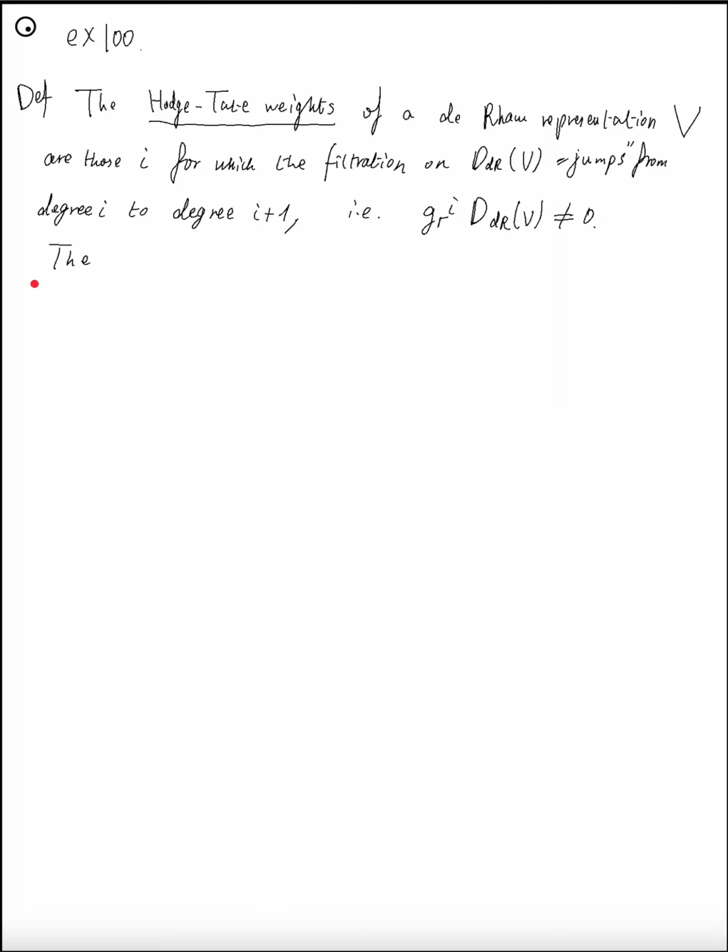Those are the Hodge-Tate weights, and we also define the multiplicities for them. The multiplicity of each i is the K-dimension of this graded piece as a K vector space.